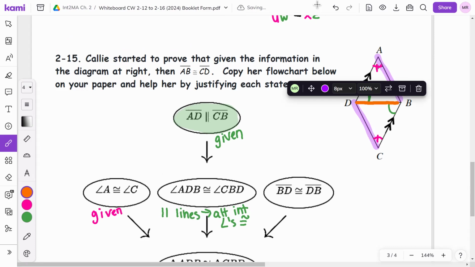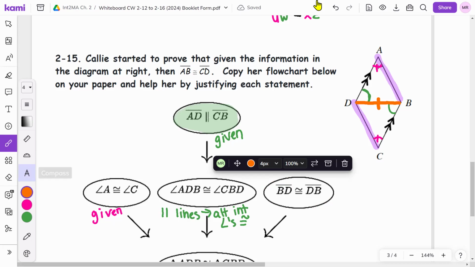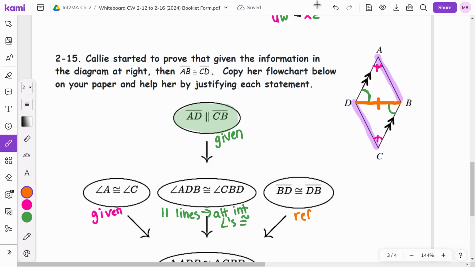This line segment here is going to be congruent to itself, and that they gave us right here. So the reason for that is the reflexive property of congruence.